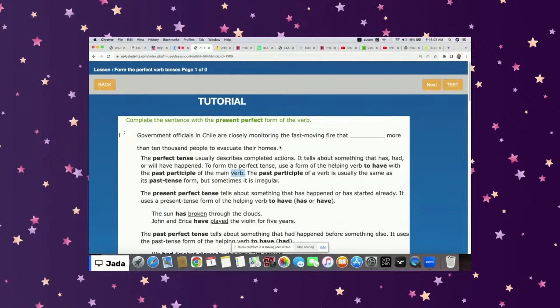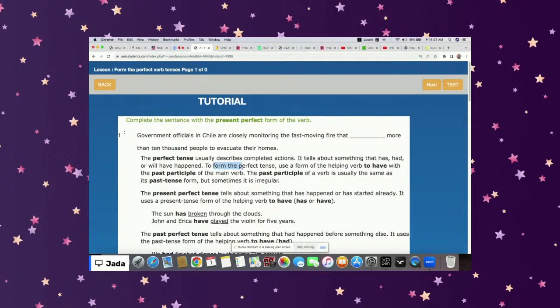So when you want to get the past participle, it just means the past tense form of the verb, but we have regular past and irregular past, so sometimes it could be an irregular past. It definitely just means the past tense form of the verb.